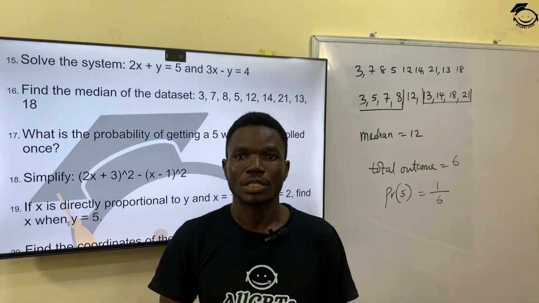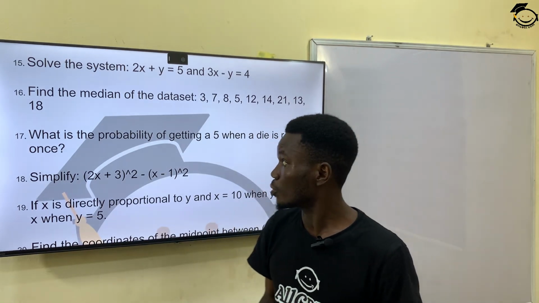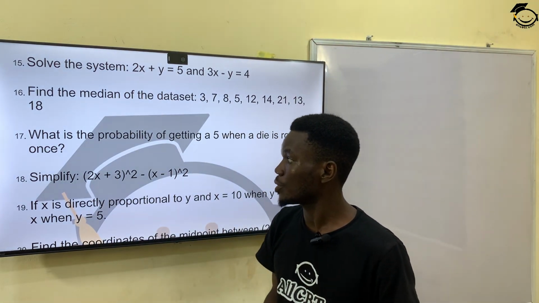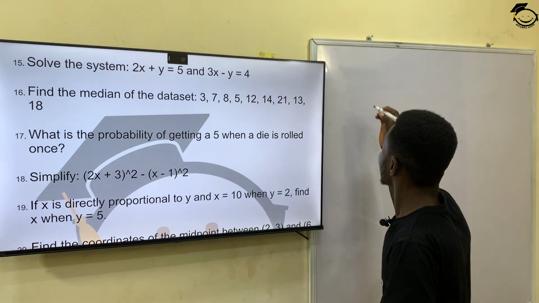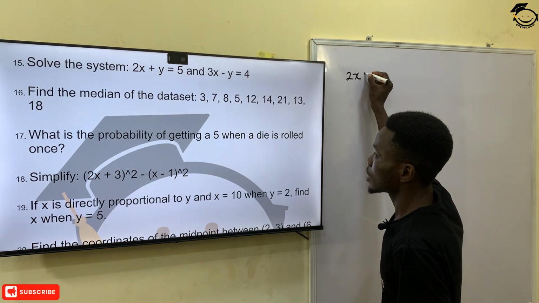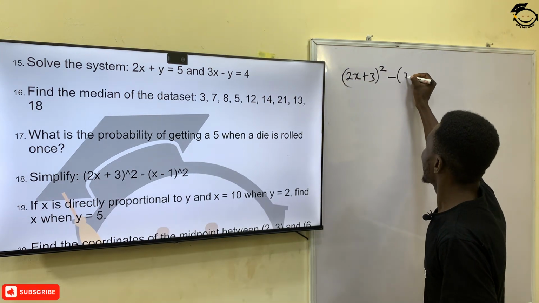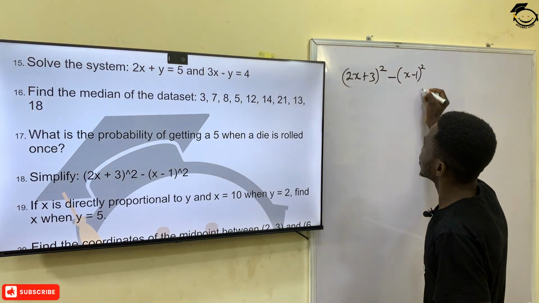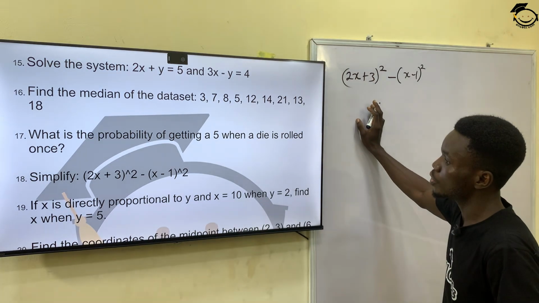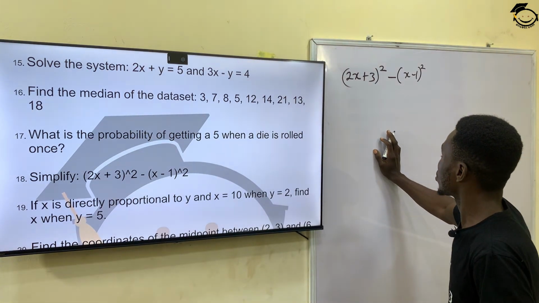So that is the next question, which is question number 18, which says simplify. We are asked to simplify (2x + 3) all squared minus (x - 1) all squared. First, what we're supposed to do is to expand each one of these and then simplify.